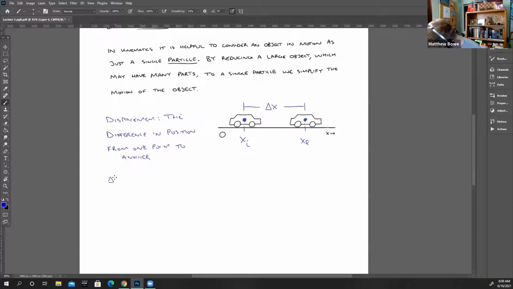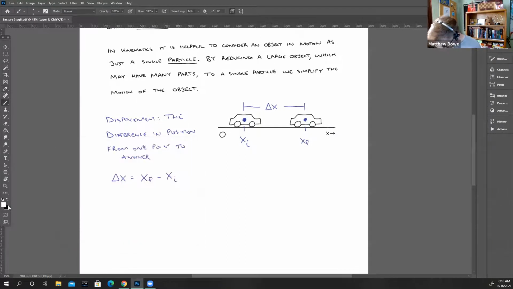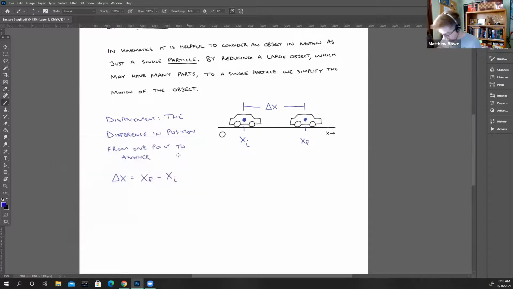So delta x is equal to the final position minus the initial position. So it's always going to be final minus initial. My colors went away. Right there. Okay.